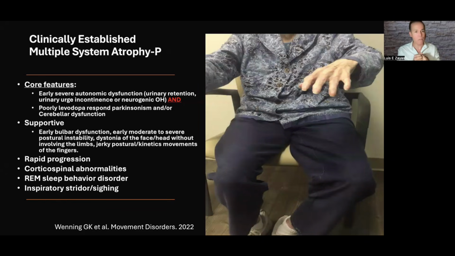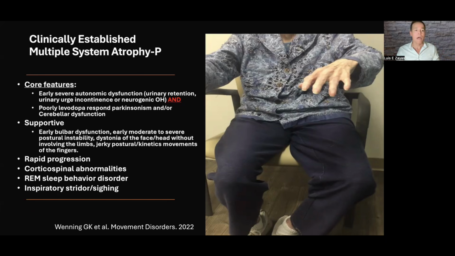You need to explain why the patient has retention, because retention is a big red flag. Okay, that doesn't fit well. You can have urinary urgency, obviously, in Parkinson's disease and stress incontinence, but retention is not a feature seen in people with Parkinson's disease, unless you can explain that with something else.